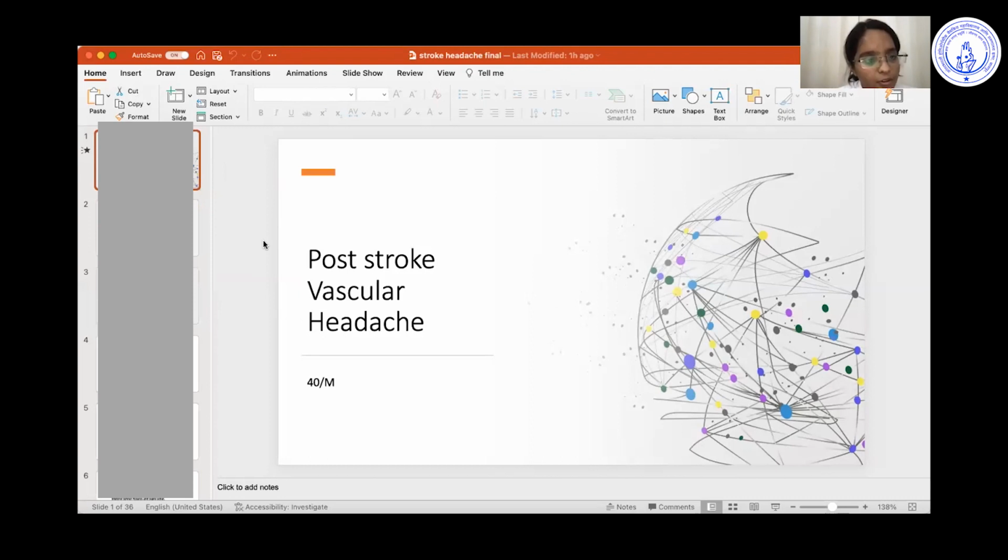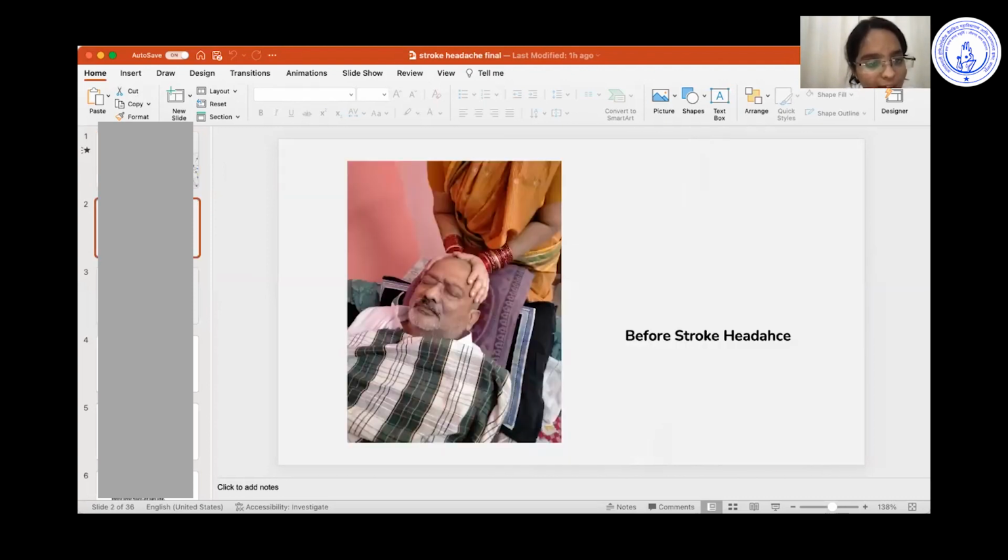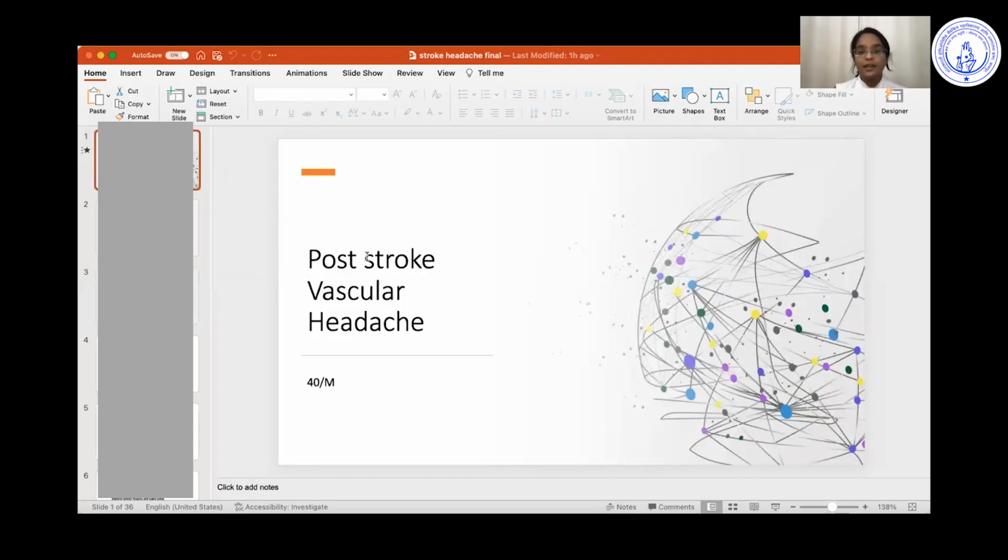Before starting the case, I will tell you what happened exactly in this situation. The patient's daughter, who is a homeopath, called me and said that my father is having a headache, and it's been like 2 months that he was suffering from the headache. During that call, I heard the daughter standing in the hospital.